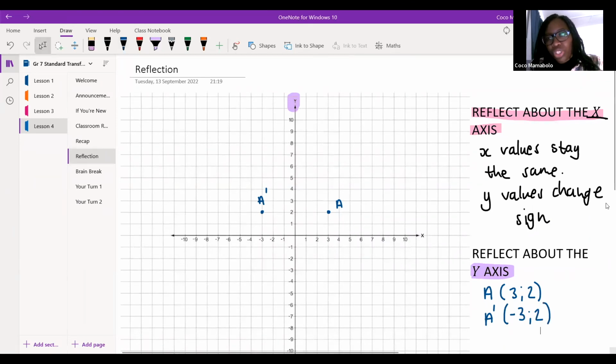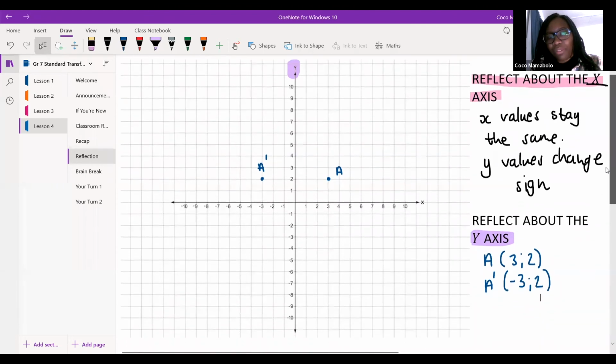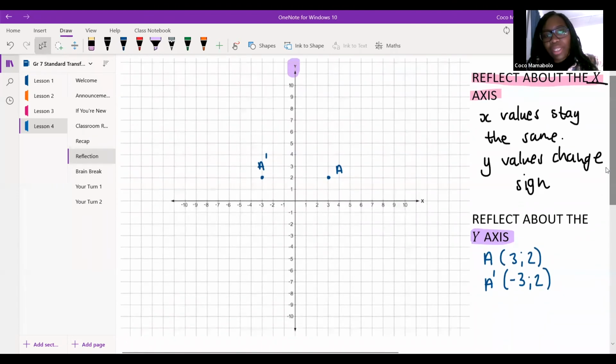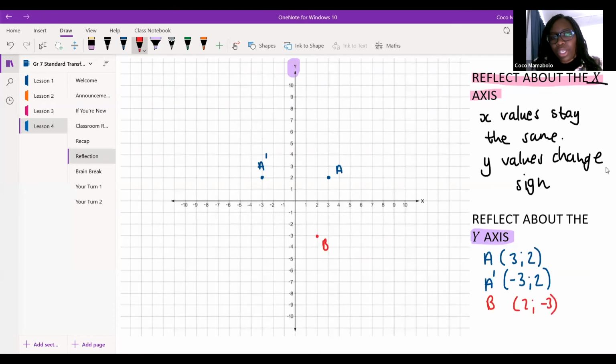Hands up, who's noticed what's different now when we reflect about the Y-axis? Anybody? I'll give you another one. This one here, this is B. B is 2 and -3. And B prime is over here.